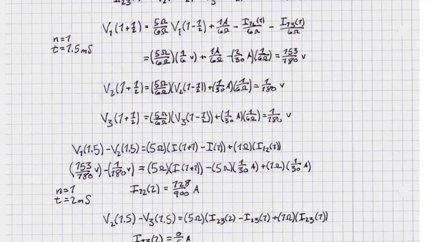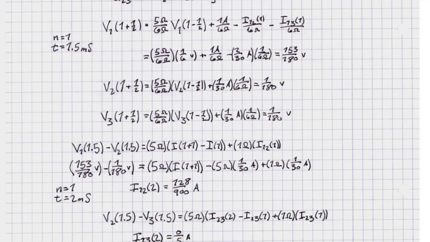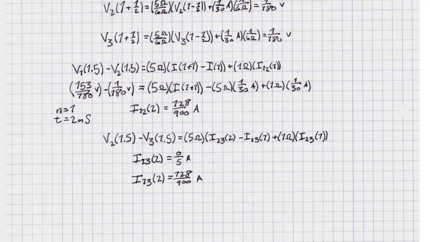We can also solve these equations for V2 and V3 at time 1.5, showing that these are both equal to 1/80 volts. Once again, I strongly encourage you to do these calculations by hand yourself so you can see exactly where my calculations come from, and you can see why these simplifications have been made on my part. Now with our voltages calculated at the 1.5 time step, we can calculate our I's for the whole time step of t equals 1.